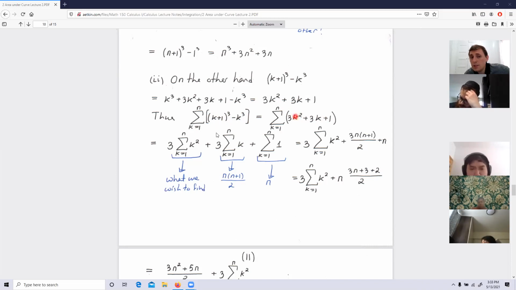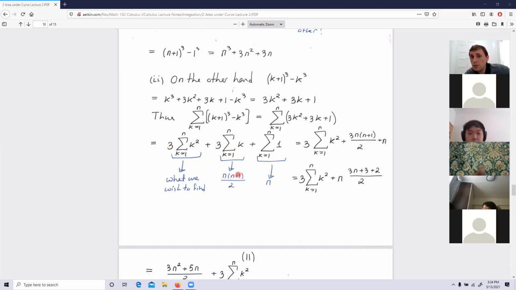And then if I distribute the sum, do you see, this is what we want to find. I want to find this expression, times 3, plus 3 times this expression. I know the value of this expression. It's n times (n plus 1) over 2, by term by term summation. And this thing is n. So what do I get?